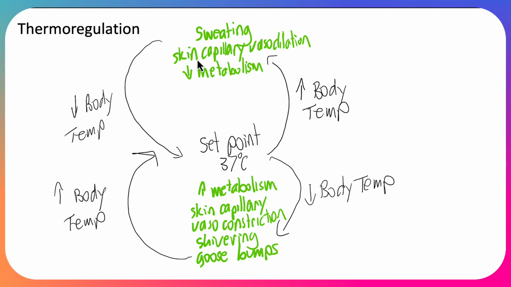So it's the capillaries in the skin. They open up to bring more blood to the surface of the body, and with that blood brings heat. And the heat, when the sweat evaporates off, it takes that heat, and that heat can radiate off the body as well.